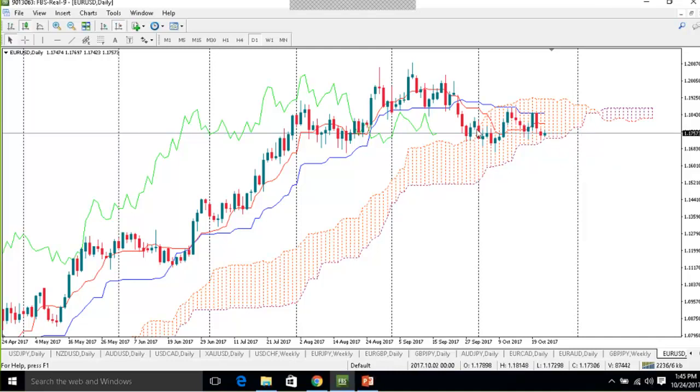What actually is here with euro dollar on the daily chart? We will certainly watch the lower border of the Ichimoku cloud. A break of this level and a close of the candle will be a good signal.